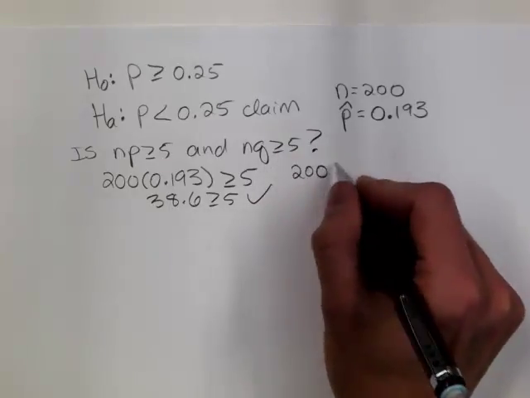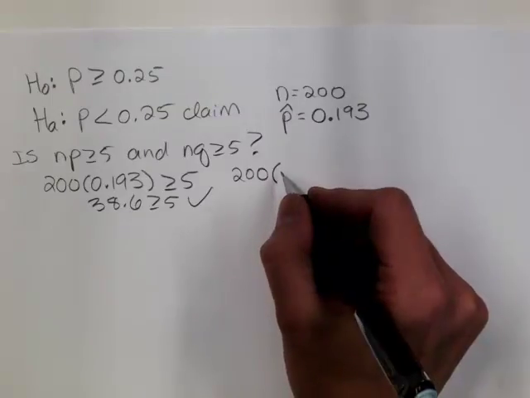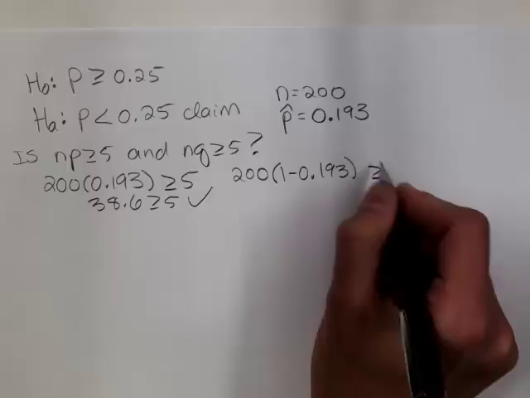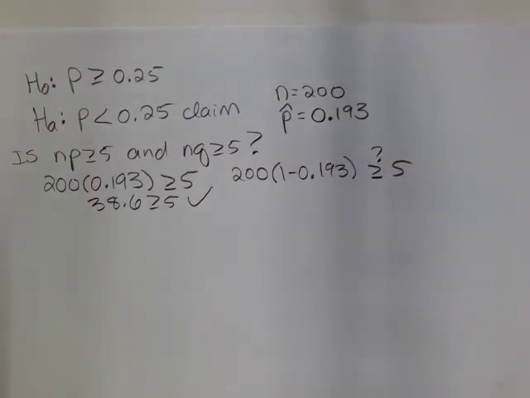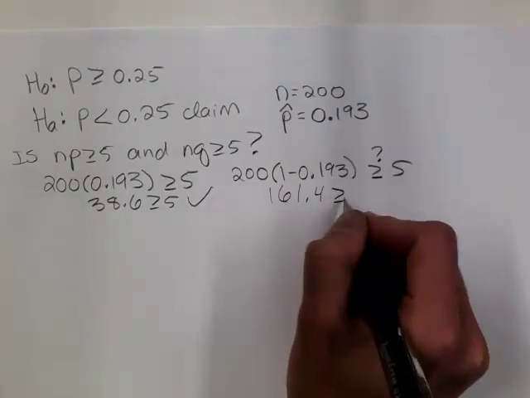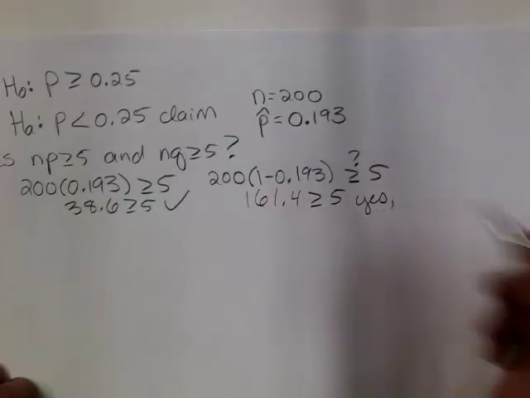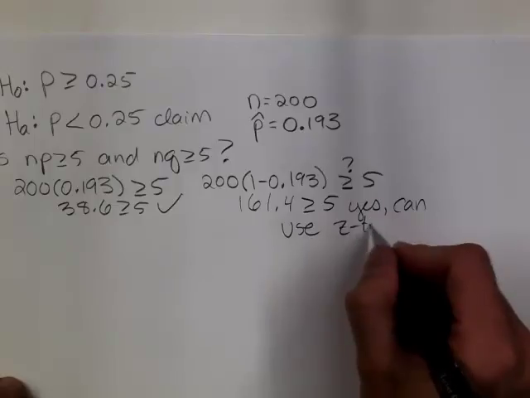So q is 1 minus p, so that's going to be 1 minus 0.193. Is that at least 5? That value is 161.4. That's greater than or equal to 5, so yes. So we can use the z-test here.